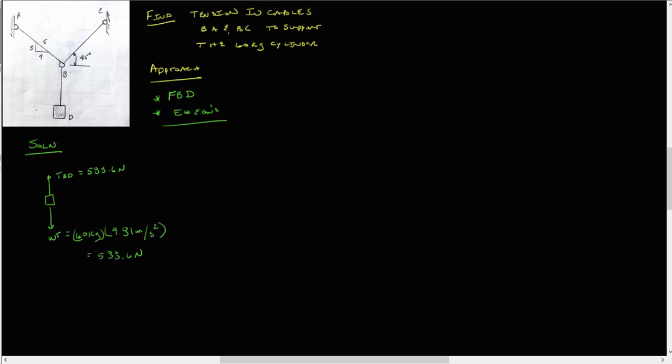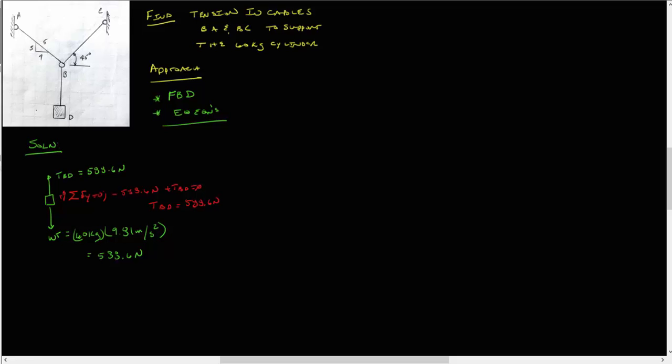If I sum my forces in the y equal to 0, I could say that negative 588.6 newtons plus tension of BD is equal to 0. Tension of BD is equal to 588.6 newtons. And since we knew that these were just opposite and equal, I could just say that this was 588.6 newtons because we know that.